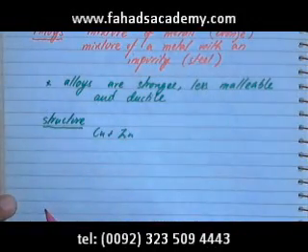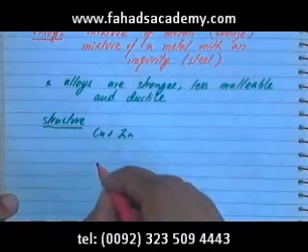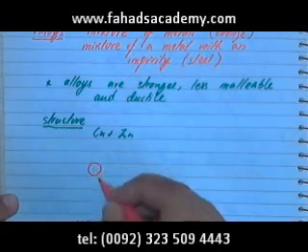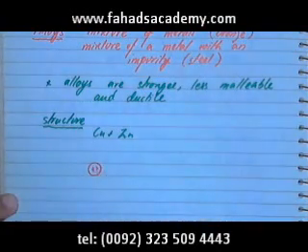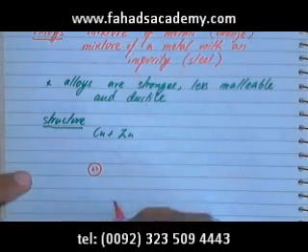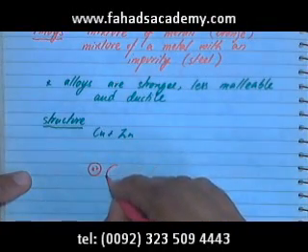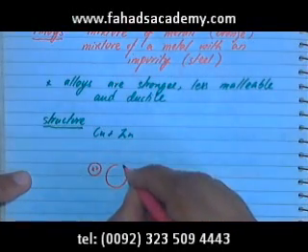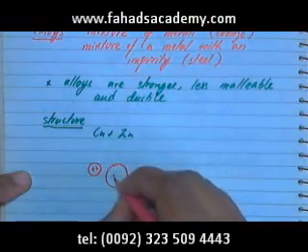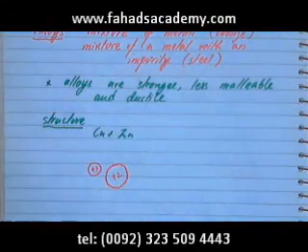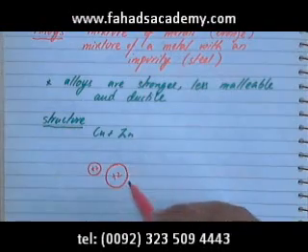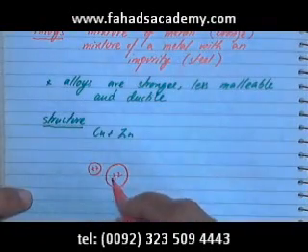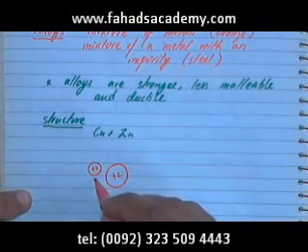Zinc is a bigger atom compared to copper. So let's say copper forms a +2 ion, and there would be a zinc ion that is also +2, except the sizes of the atoms are different now.